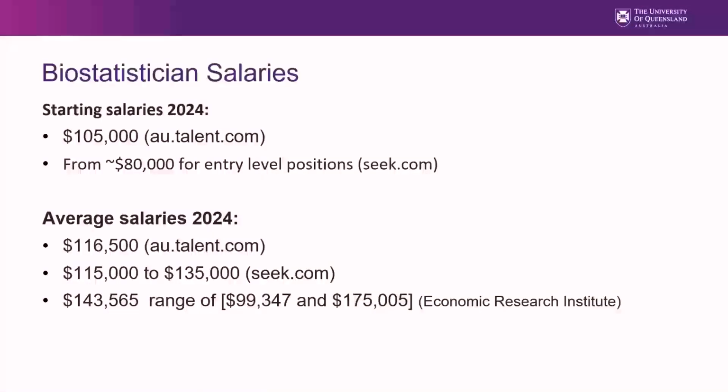Okay, so what do salaries for statisticians look like? So starting salaries with a master's might range between about 80,000 and 105,000 from estimates online. Likewise, average salaries might look at over 100,000. So we've got a range here from 116,000 to 143,000.